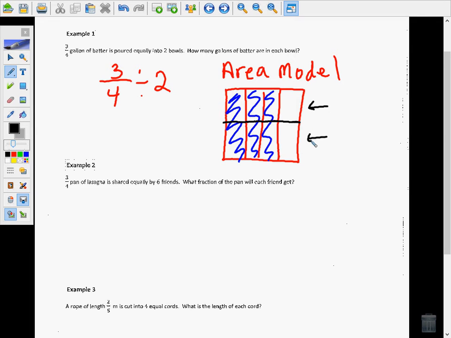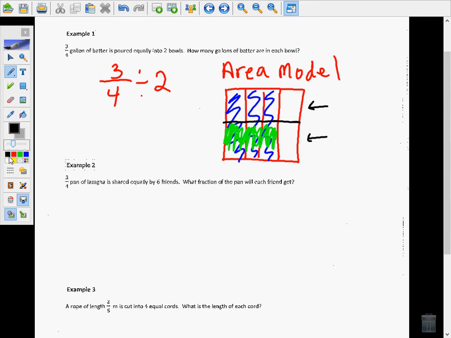So when I shade this, we want to figure out 3/4 divided by 2 is what? Take a different color and shade in to show how much would be in each bowl. So we'll call the bottom 1 bowl and the top another bowl. Now, what fraction of the area model is overlapped? That is your solution.